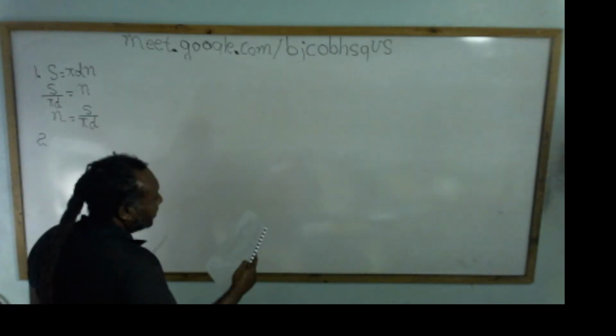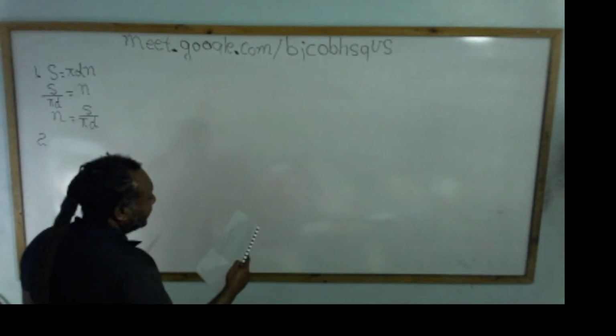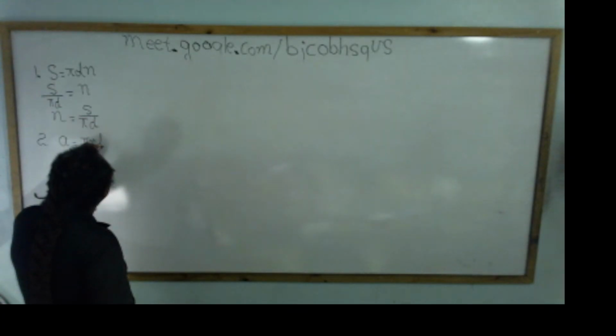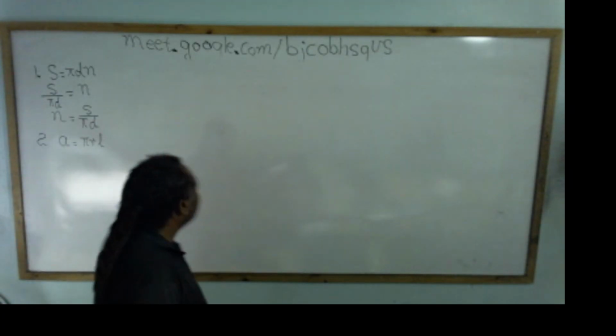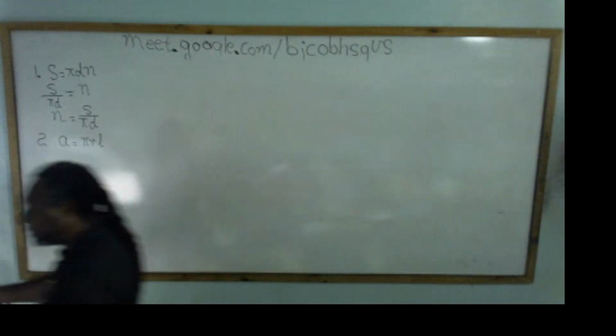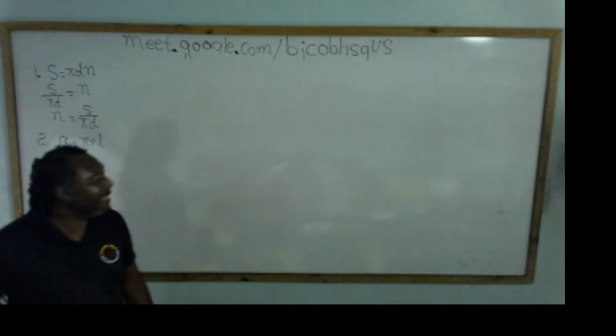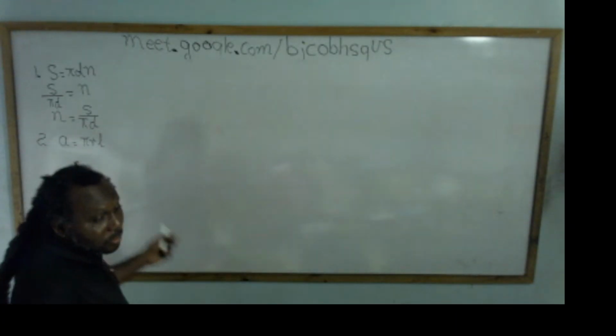Number 2. So the next one, a is equal to pi rl, for L. Of course, number 2 is analogous to number 1.